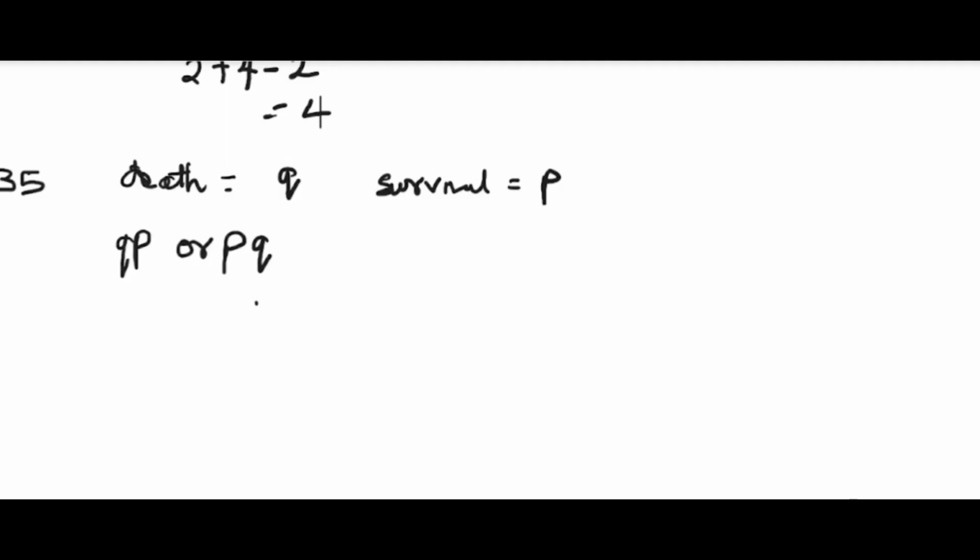Addition in probability, in math generally. So adding these two, PQ is the same thing as QP. They are cumulative, right? So when we add these two, what do we have? We have 2PQ or 2QP as the case may be. Okay. So going to the next one, that's number 36.